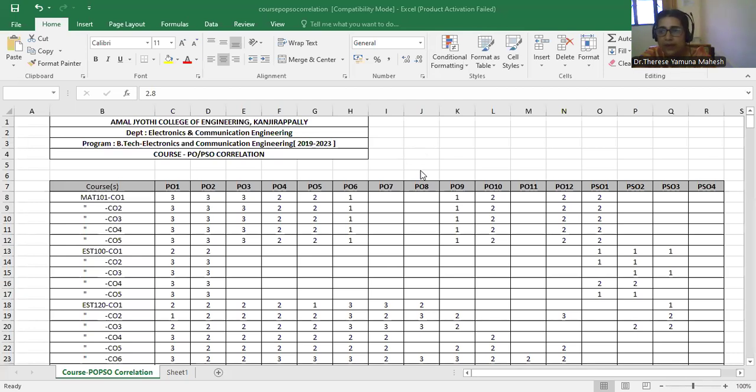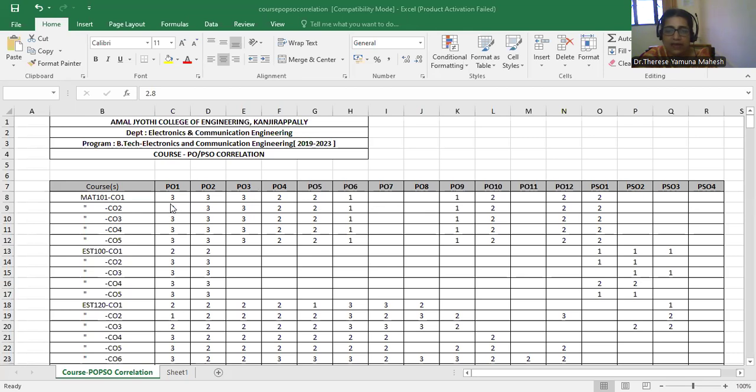So this is a very important sheet in the PO attainment calculation. That is the correlation between the course outcomes and the program outcomes, and also between the course outcomes and the program specific outcomes. So the values that are put in here are the maximum level of correlation.